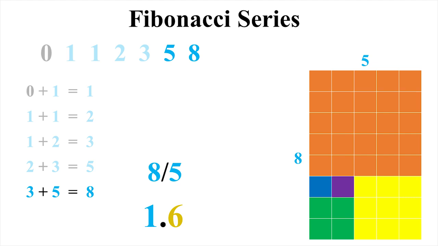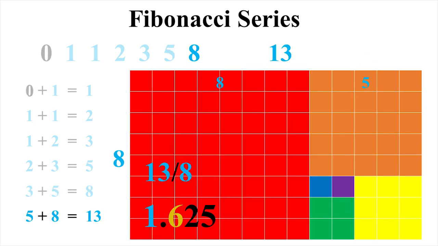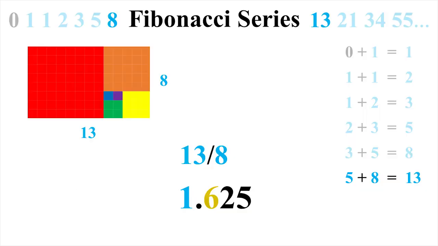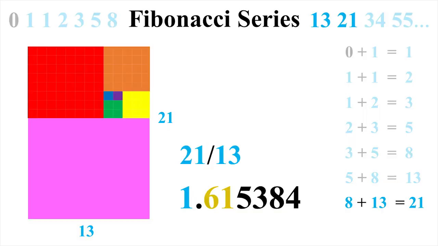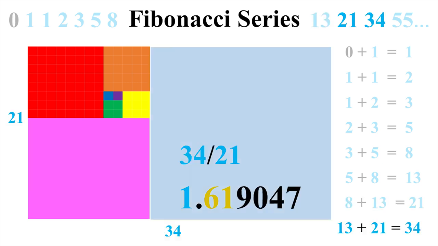Okay, gives you a rectangle of those proportions, 1 to 1.6. Next one, an 8 by 13. Continuing on, 13 by 21. Next one, 21 by 34. If you divide those, you get 1.619047, which is getting very close to phi.